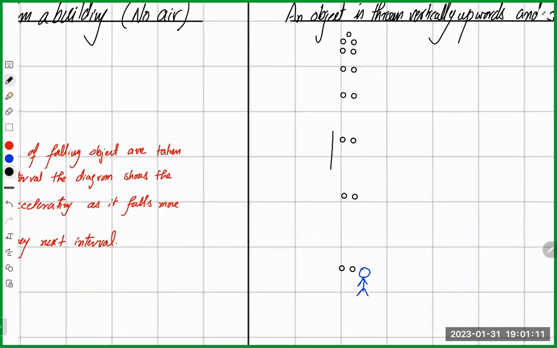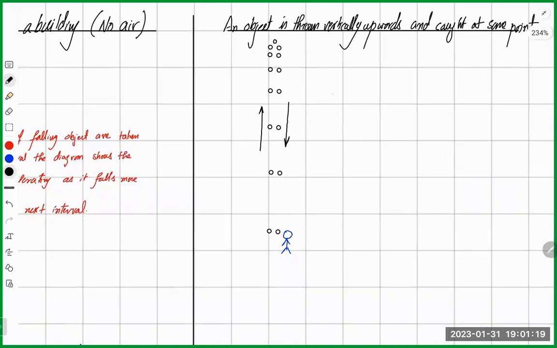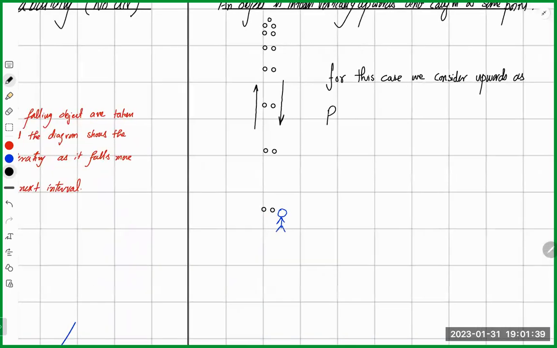So this is where the object is going up, and this is when the object is coming down. For this case, we consider upwards as positive. So downward will automatically become negative.